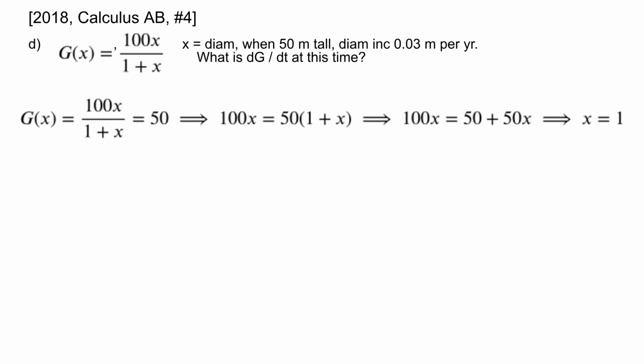So g of x equals 100x over 1 plus x equals 50, which is the height of the tree. If we solve this equation, we can determine the value of x for which this is true. So if you solve this, you get a value of x equals 1. So whenever the tree is 50 meters tall, its diameter is 1 meter.